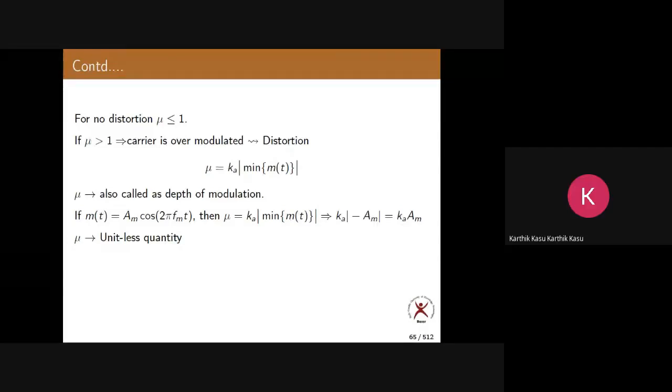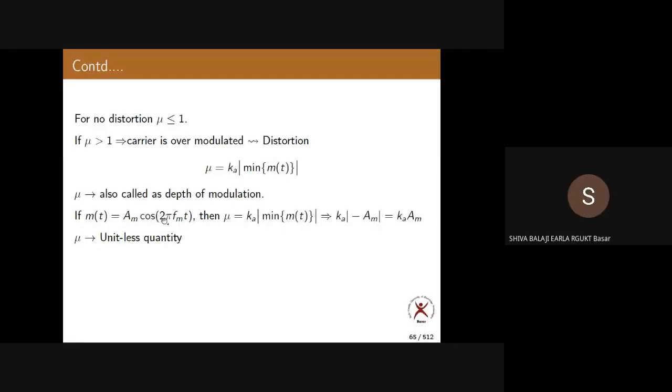If mu has no units, what are the units of Am? Am is amplitude, right? Generally we call it voltage or current.